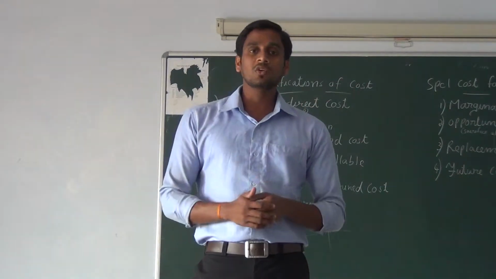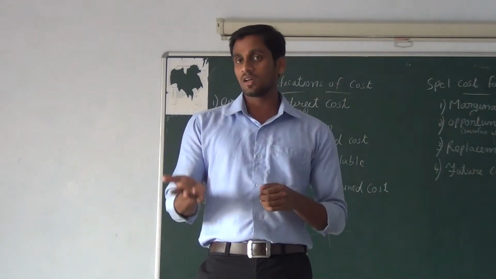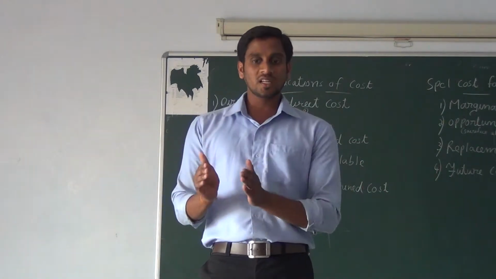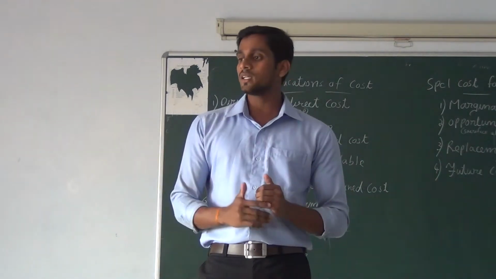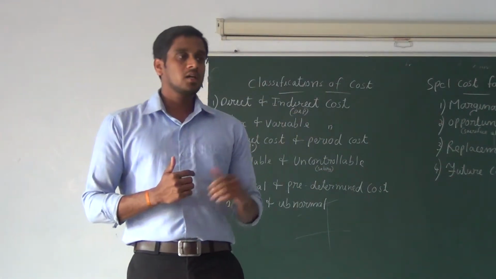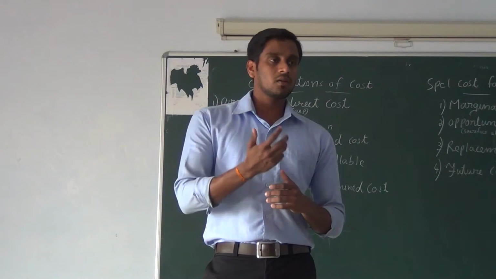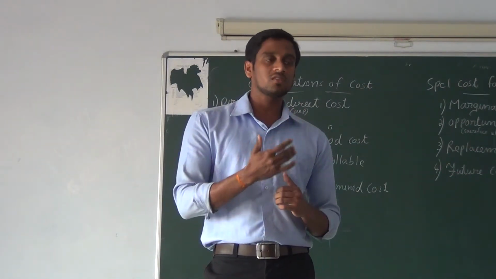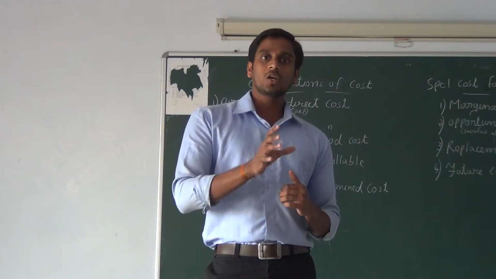There is also another cost like semi-fixed or semi-variable cost. Semi-fixed or semi-variable cost means that to an extent it will be fixed, but after that extent it will be variable. For example, we can take the case of a telephone. Suppose you want to pay 500 rupees monthly.